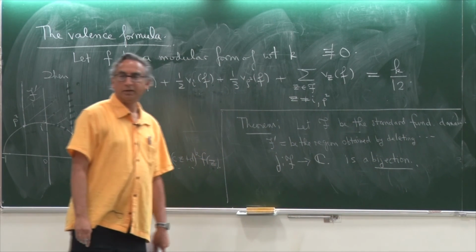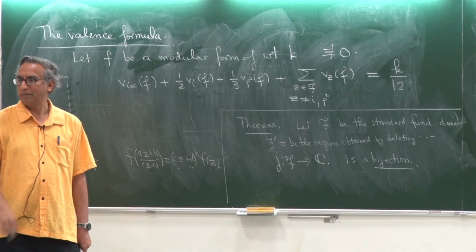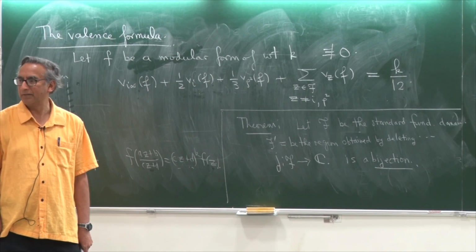In other words, the J function takes every complex number as a value, and it takes it only once.